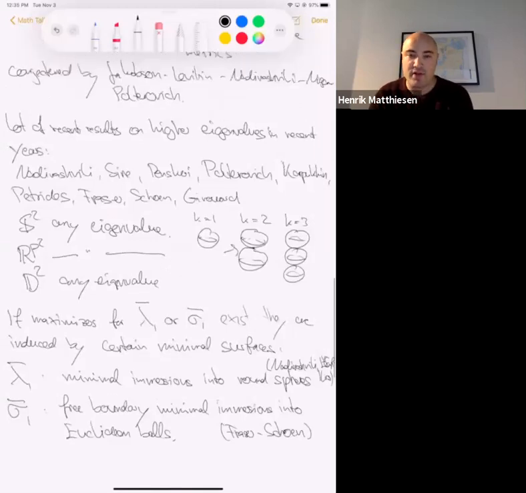In fact, this connection is pivotal for all results in the subject. For instance, the way you prove these results is also by understanding moduli spaces of minimal immersions, or more generally harmonic maps into spheres or Euclidean balls. And it turns out that the existence theory is also connected to that.